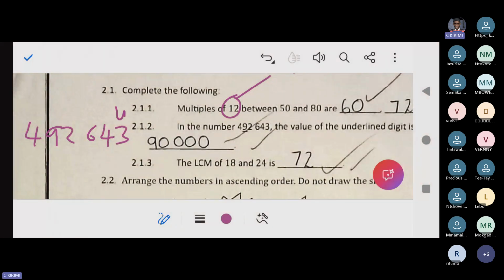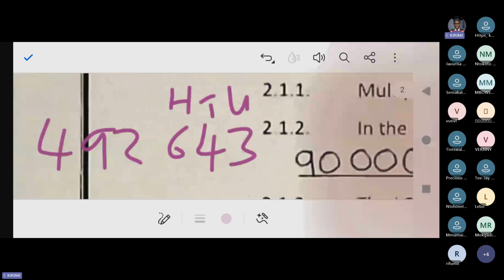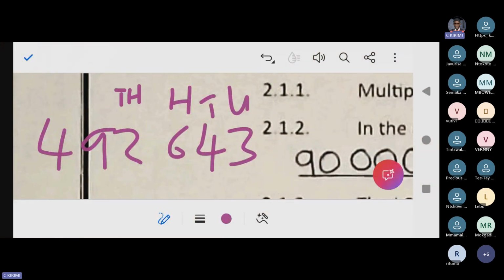So these are our units, these are the tens, these are the hundreds, and then we are having the thousands. So which means the 2 is representing the thousands. And then the 9 is representing the tens of thousands. And then the 4 is representing the hundreds of thousands.